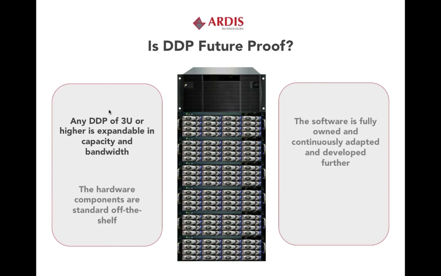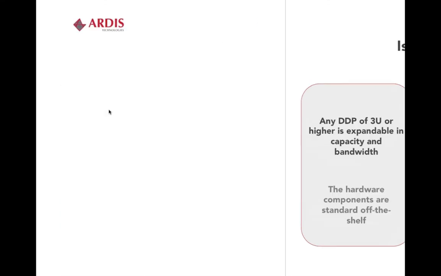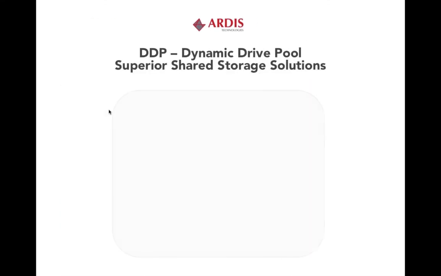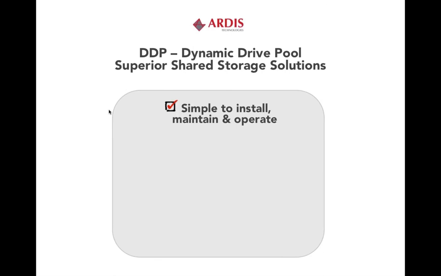The software is fully owned and continuously adapted and developed further, which means it's owned by the developers of DDP. And the company is owned by the developers. It's profitable and with no external ties, which means we don't depend on anyone, and we think we have the best system on the market today.